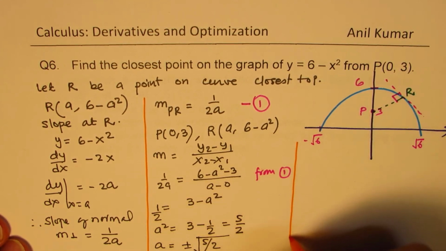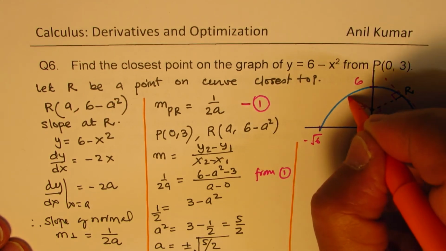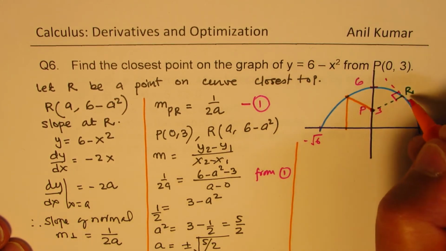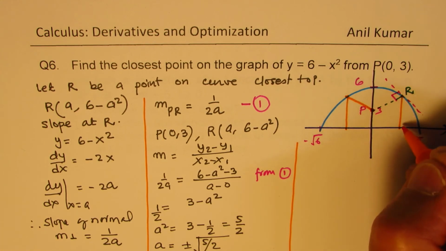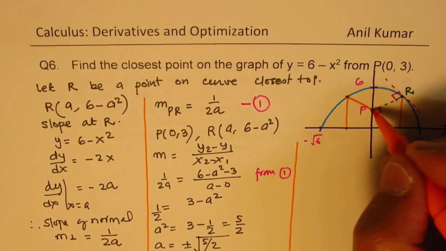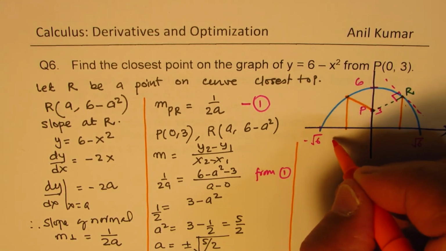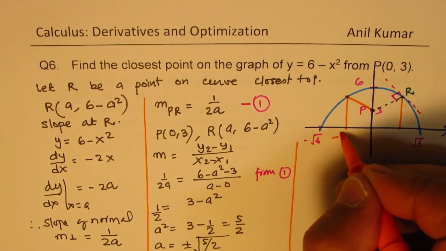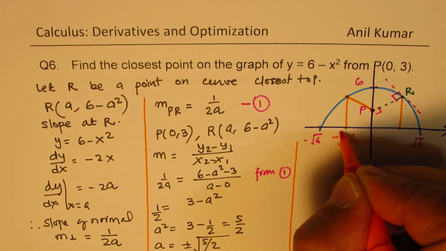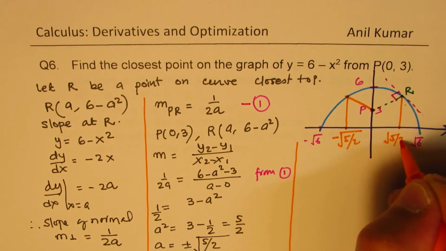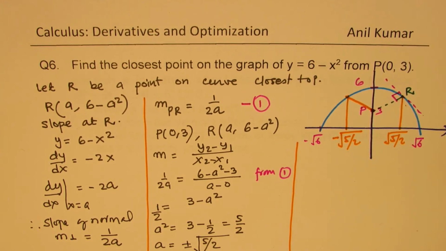So we have 2 points, and from symmetry you can make out that there have to be 2 points. These are the 2 points which will be closest to P, where the x values are minus square root of 5 over 2 and plus square root of 5 over 2, or 2.5 you can say, right? So these are the x values.